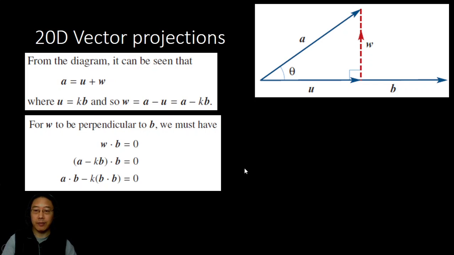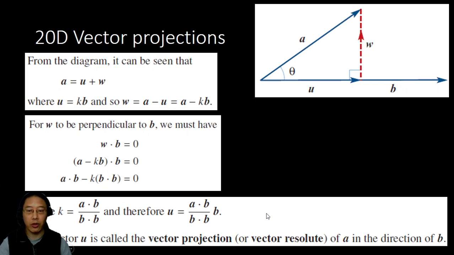Here is the proof. We want W to be perpendicular to B. We do W dot product B and rearrange it. Have a look at the detailed working out, which is the proof to determine the expression of U. I'm just going to skip those steps and move on to the important part.